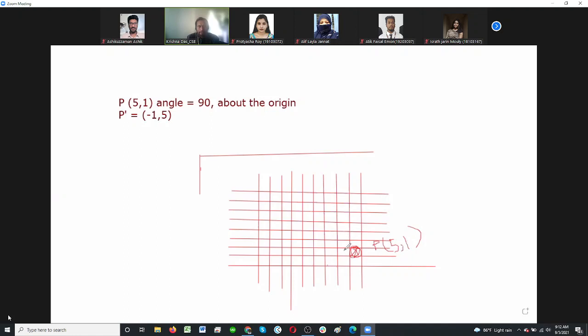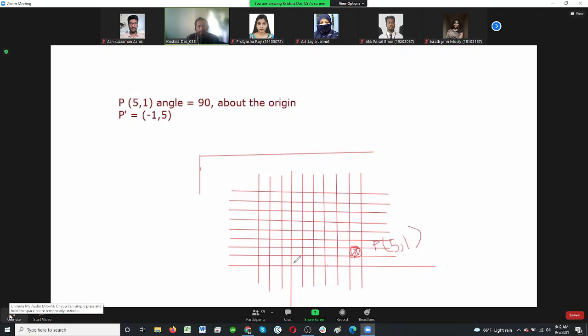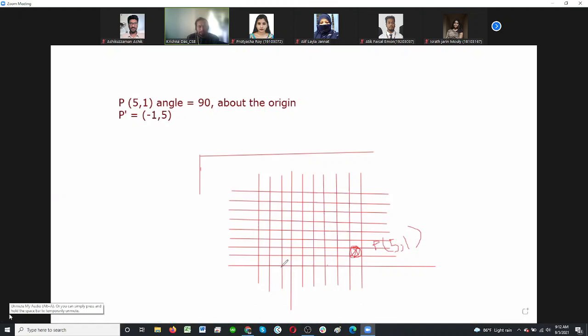Then we had the new point, which is minus 1 and 5. So this is minus 1 and 1, 2, 3, 4, and 5. Say this is the point we get, and this is maybe that pixel, or maybe you can take the coordinate here as well.